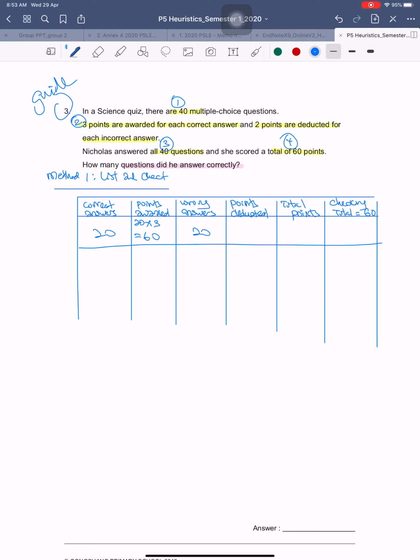Now if he answered 20 questions wrongly, condition number 2 says he's going to get 2 marks deducted each. So the total points will be 60 points for the 20 correct answers, minus 40 points for the wrong answers. So 20 points, but he should get 60, so this is wrong.